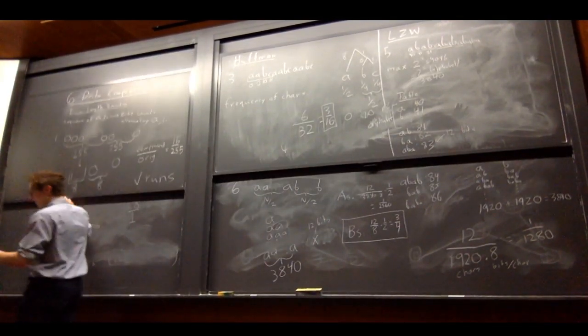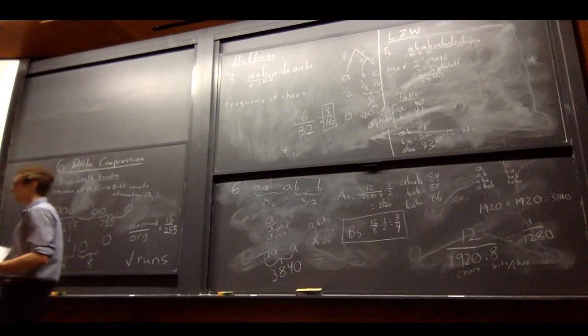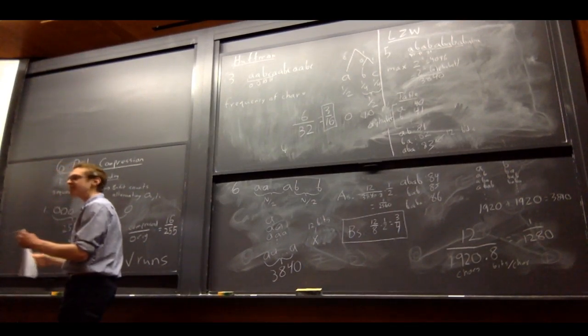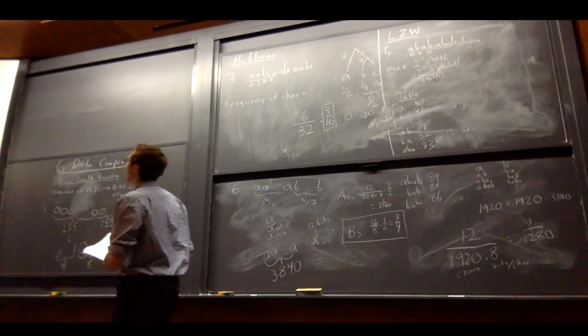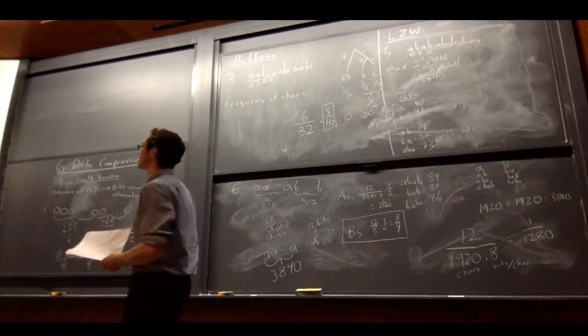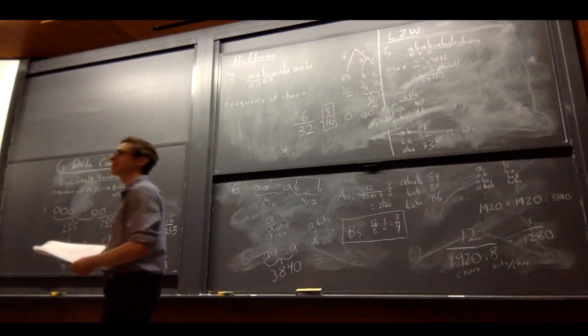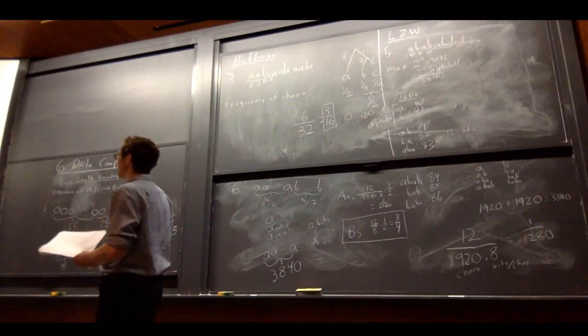So the next problem is a partially filled KMP table. These are definitely some of the more challenging, or at least time-consuming, problems on an exam. And there's a bunch of different heuristics you might use to solve this.